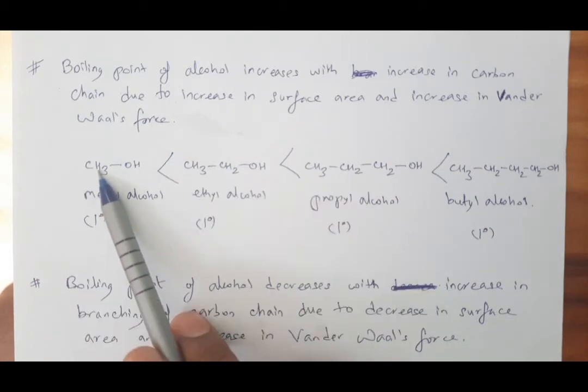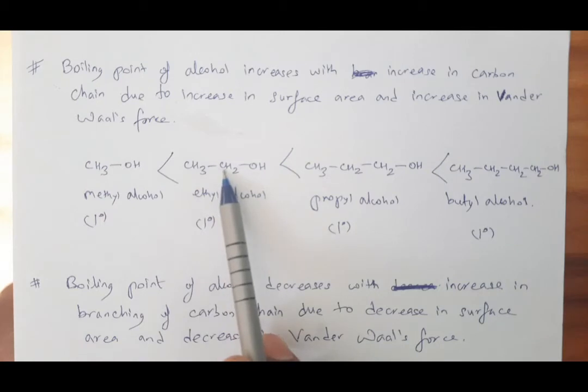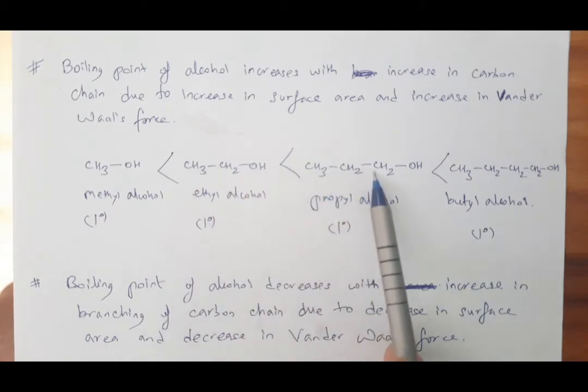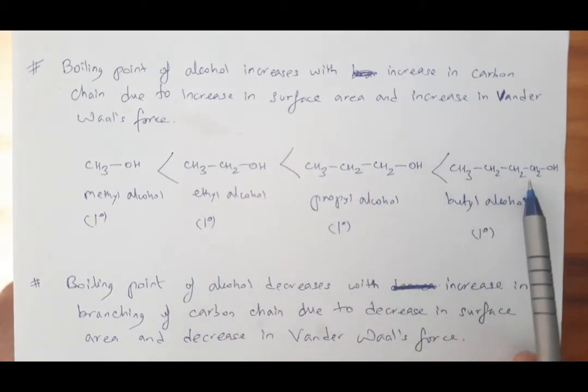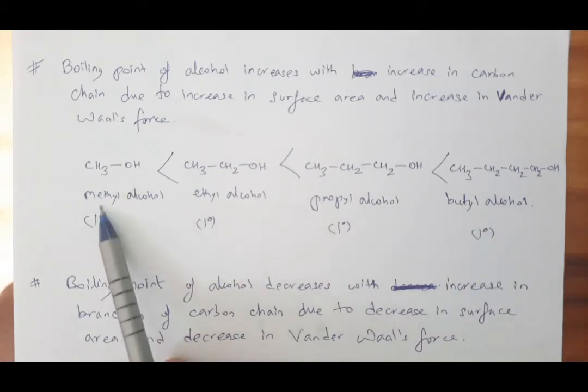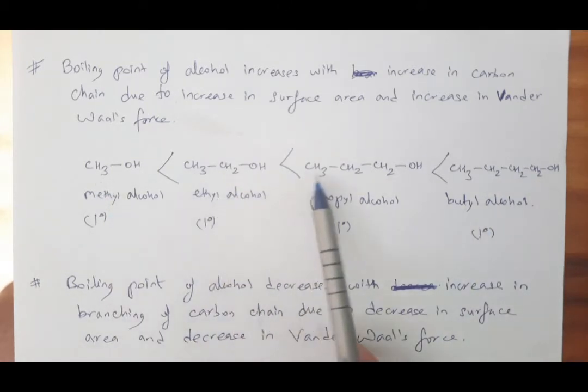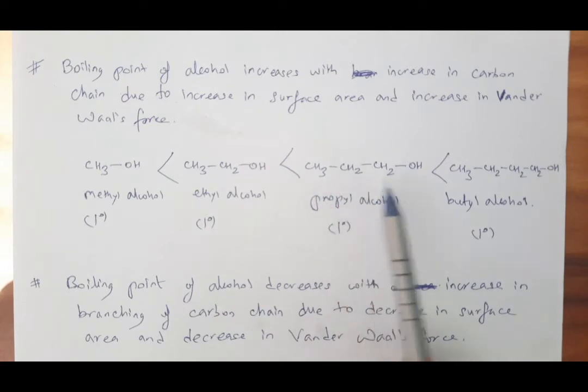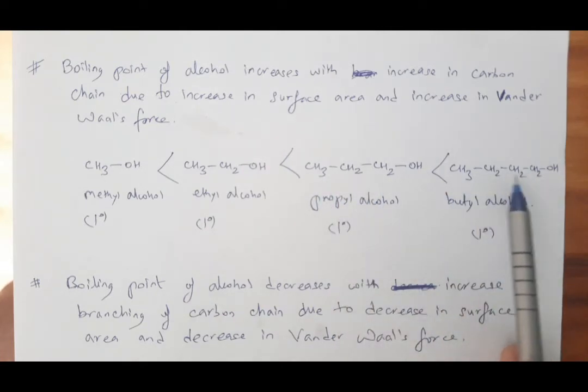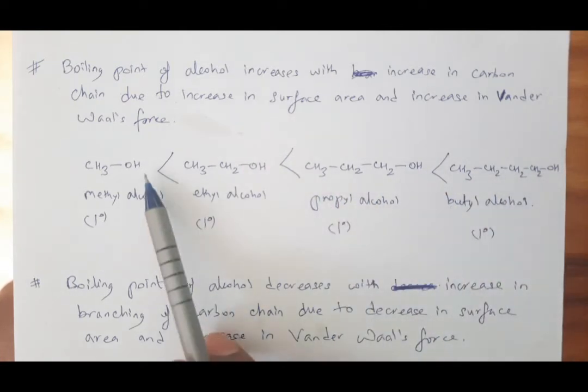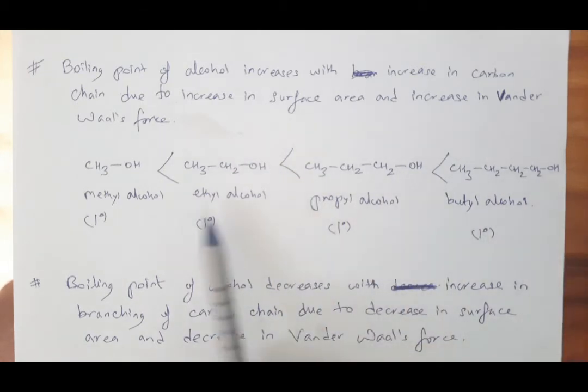CH3 means methyl. If we add CH2, it becomes ethyl. Again, if we add CH2, it becomes propyl. Again, if we add CH2, it becomes butyl. So CH3 means methyl, CH3CH2 means ethyl, CH3CH2CH2 means propyl, 3 carbons, and CH3CH2CH2CH2 means 4 carbons, it's butyl. Now if you put OH in all, it becomes methyl alcohol, ethyl alcohol, propyl alcohol, and butyl alcohol.